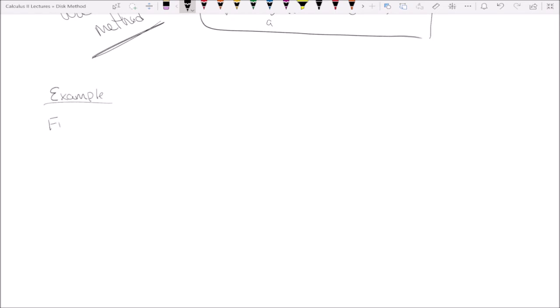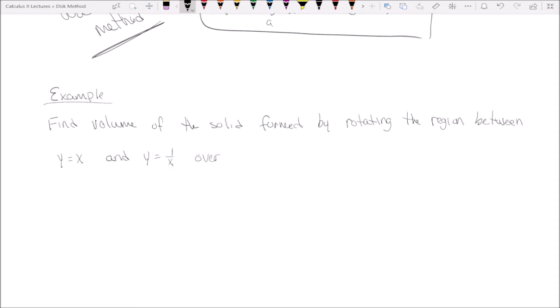So what we're going to do is find the volume of the solid formed by rotating the region, let's say between y equals x and y equals 1 over x over the interval 1 to 4, about the x-axis.